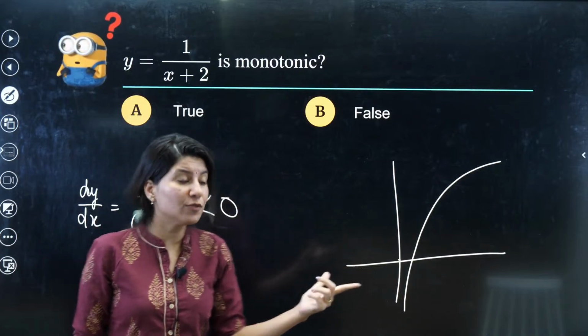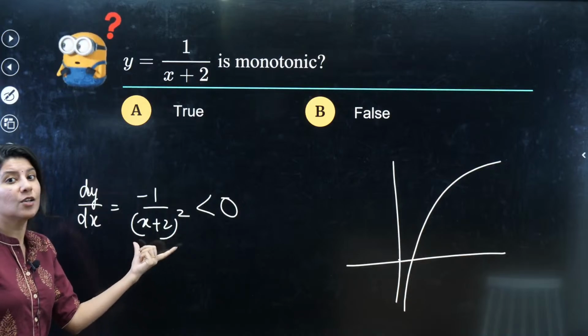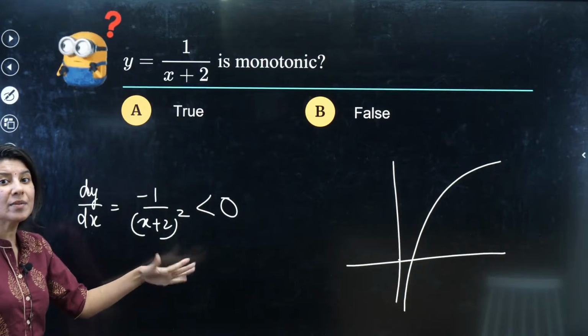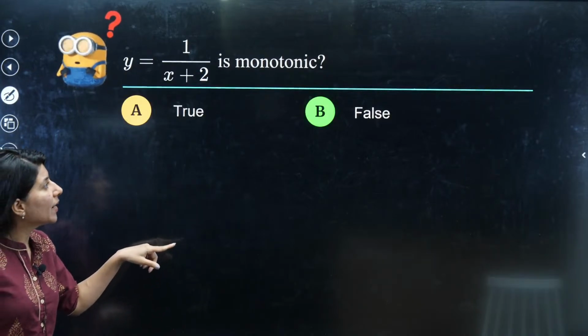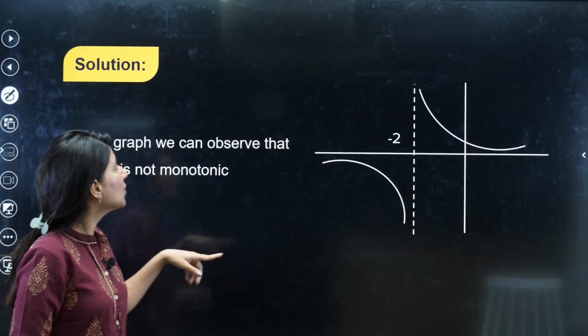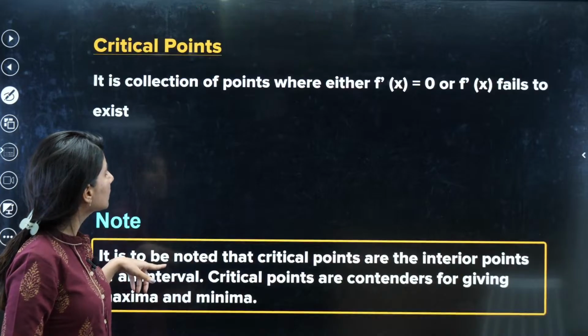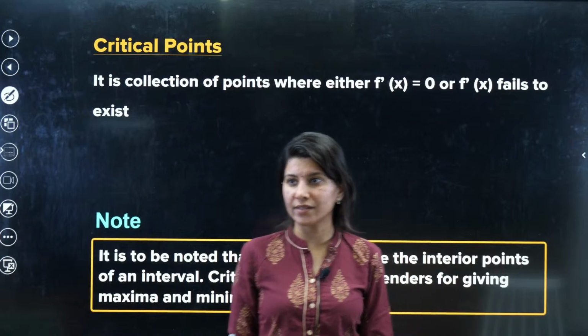Those will be my doubtful points, my critical points. So x equals minus 2 is a critical point. Even though at minus 2 my dy by dx is not becoming 0, it fails to exist. So what are critical points? f dash x either 0 or f dash x fails to exist.